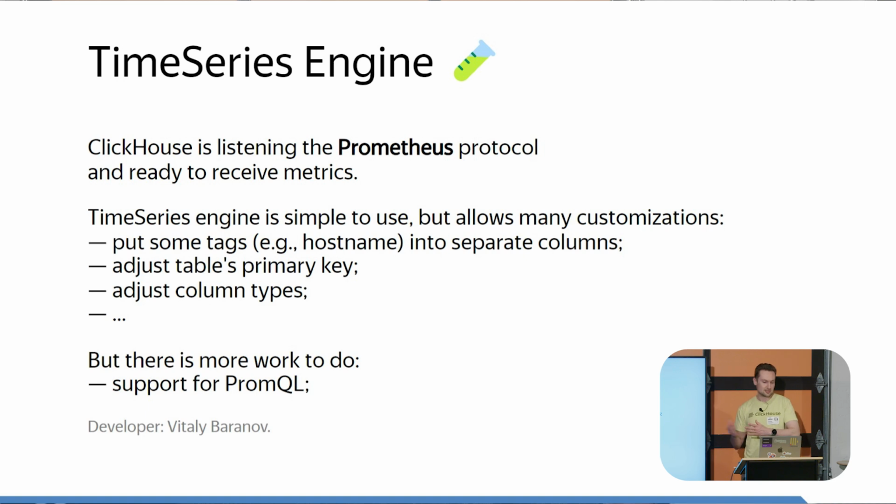It allows some customizations, like you can take some tags and put them into separate columns. It is reasonable for tags like host name, service identifier, customer name. You can adjust primary keys. You can adjust types of the columns. And ClickHouse will listen to the Prometheus protocol.